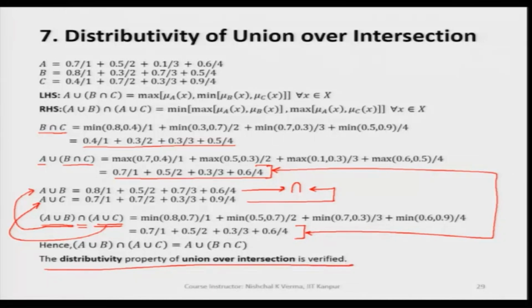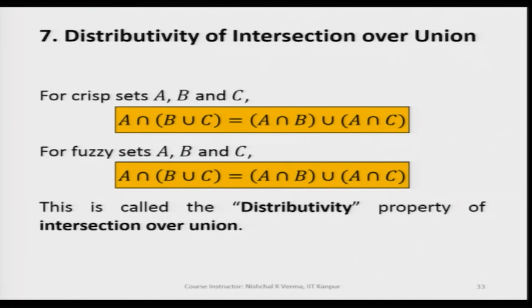So, now we can go ahead and define the distributivity of intersection over union. For crisp sets, the distributivity property of intersection over union holds good, and this we already know.